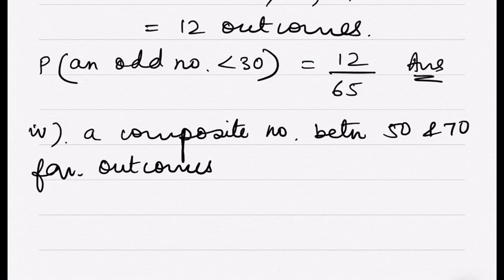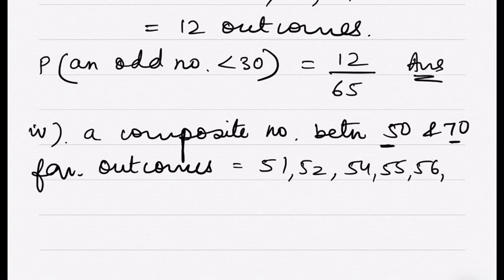Between means we have to start from 51 and we have to stop at 69. So we can say 51 is not prime, so it is composite. Then 52, all even numbers will be composite numbers, right? Then 53 is prime. Then 54, 55, composite numbers. So 53 is prime. Then 56, 57, right, it goes by 3, so it's a composite number. Then 58 definitely.